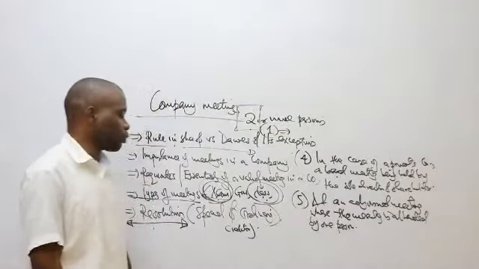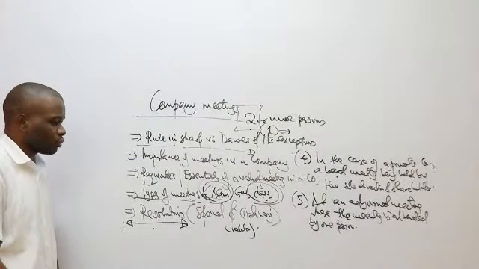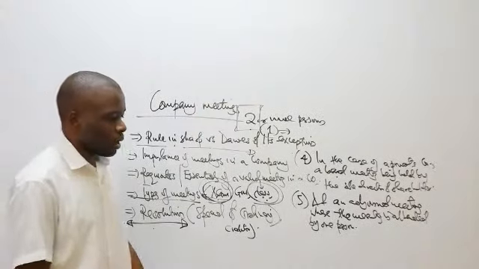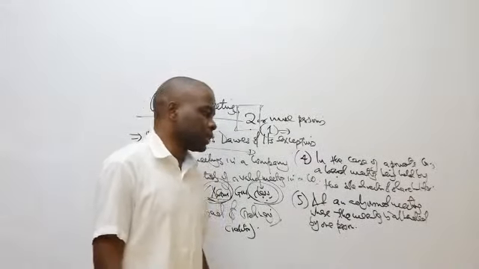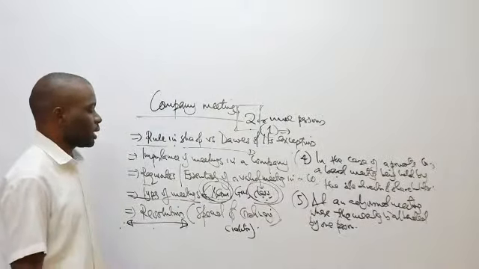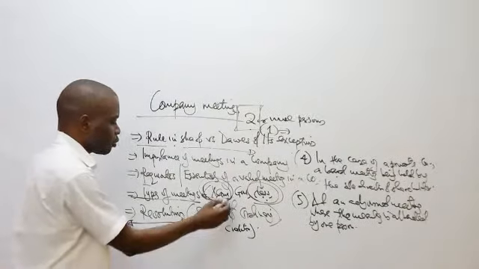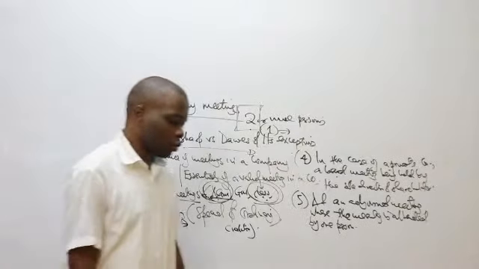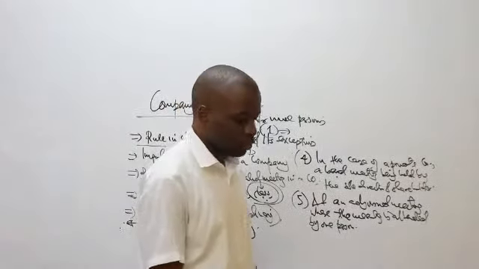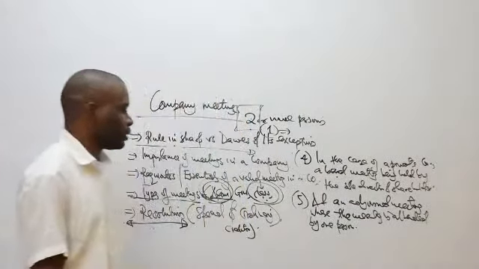Sometimes they could ask you what the importance of meetings is. Just remember, number one, it is a requirement under the law for some of the meetings to be held. Number two, to deliberate on matters that can only be discussed at an annual general meeting. Number three, to deliberate on matters affecting the company in terms of operations or how the company is supposed to be run.